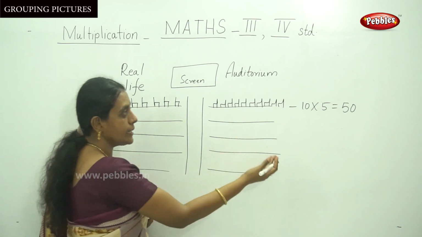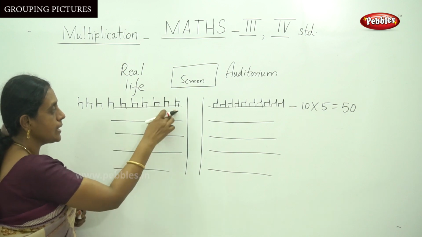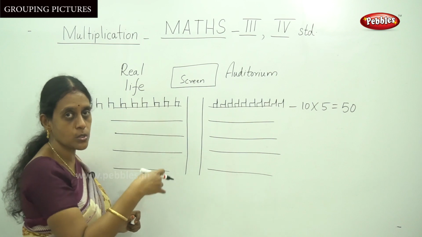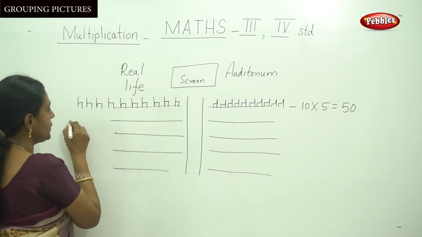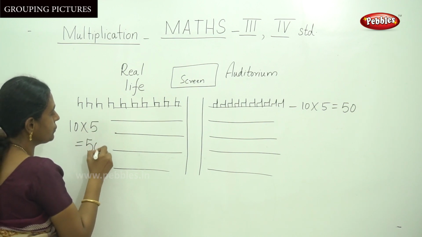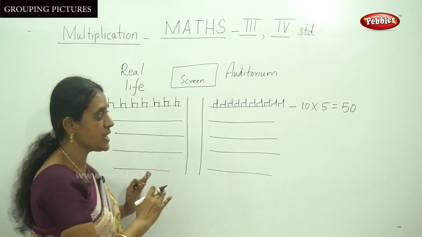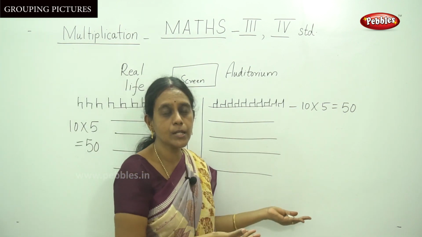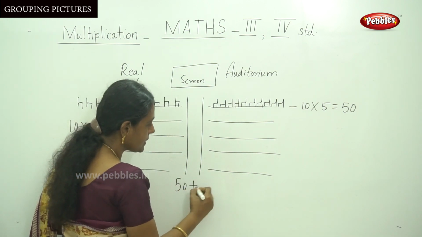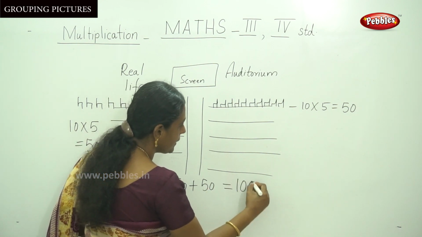This is the right hand side. Similarly on the left hand side, each row has 10 chairs and 5 rows, so that is 5 into 10. Again 10 chairs into 5 rows is 50. So the left hand side has 50 chairs, and the right hand side also has 50. So the total is 50 plus 50, that is 100.